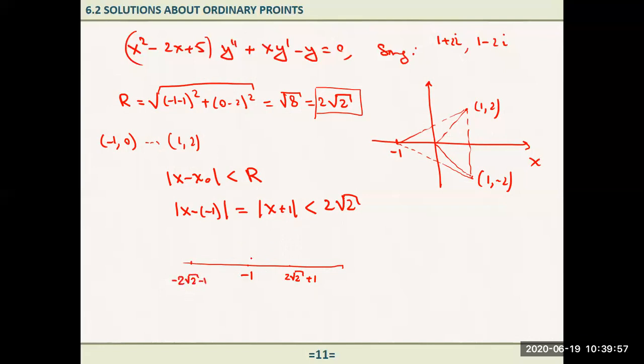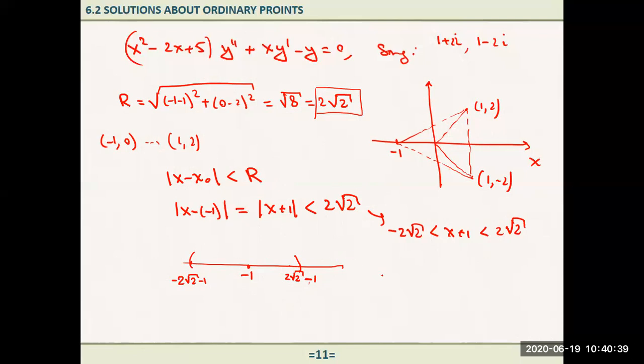Because if we solve this inequality, we have minus 2 square root of 2 less than x plus 1 less than 2 square root of 2, right? By just subtracting 1, we need to subtract 1, right? So this interval is the interval of convergence, right? If you pick any number here and substitute into the power series solutions, it will converge.